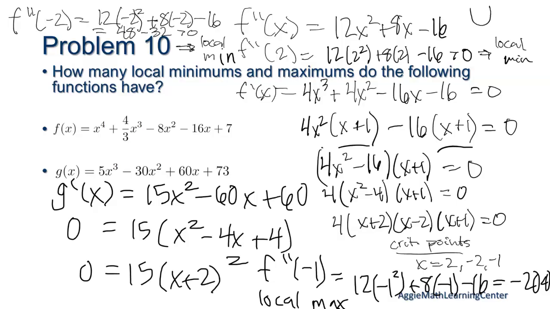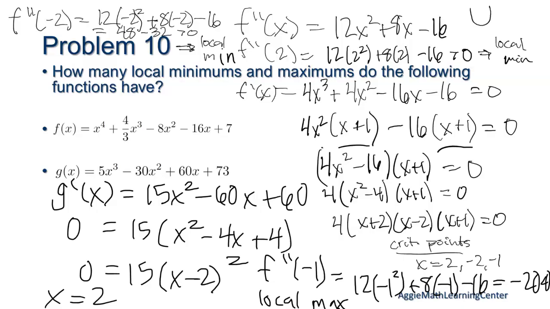Excuse me, it's minus 2. So x is equal to 2 is a critical point. Agreed? That's our only critical point.